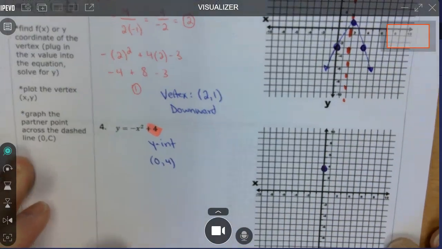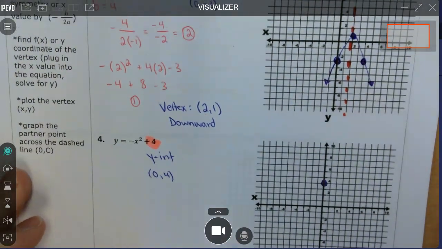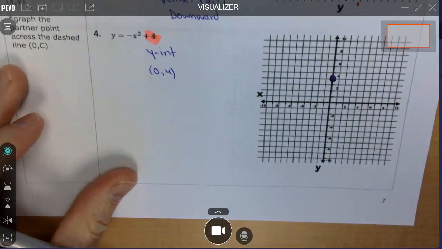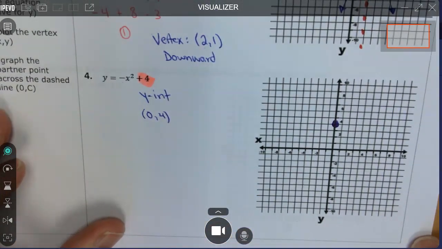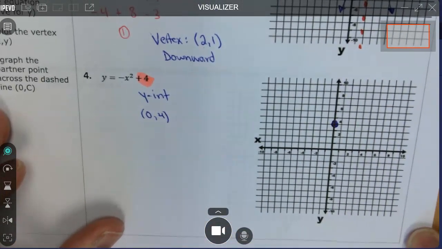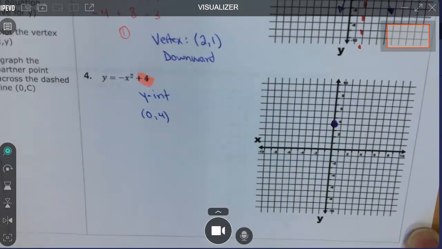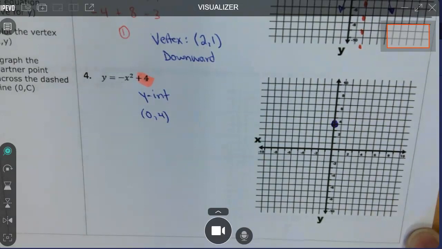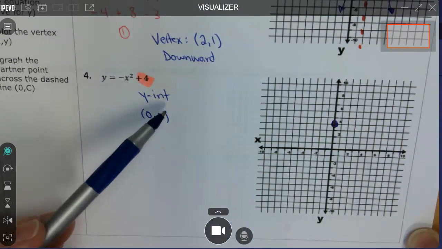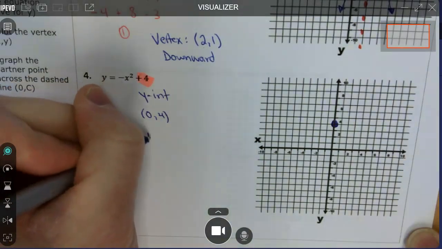Now for this one, because there's no b value, we're not moving right and left. That also serves as my vertex. And if I did negative b over 2a, it would just give me a 0 for the x. So this serves as the y-intercept, but it's also my vertex.